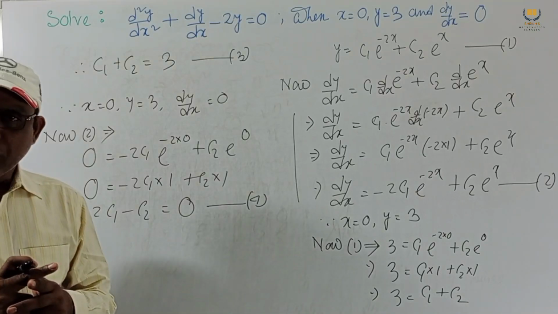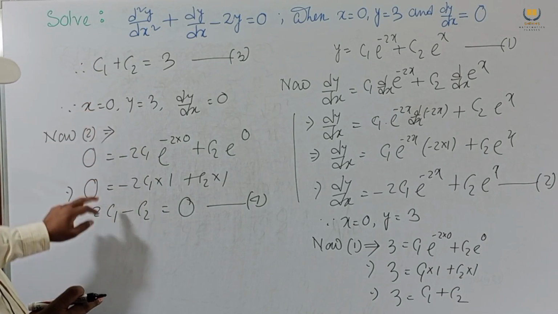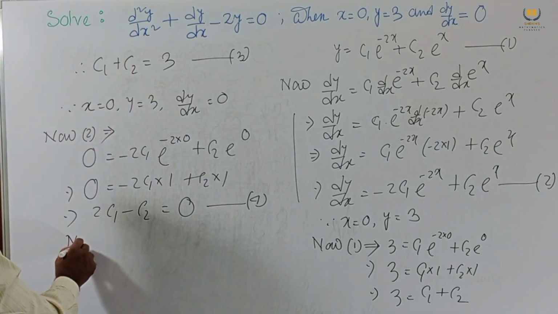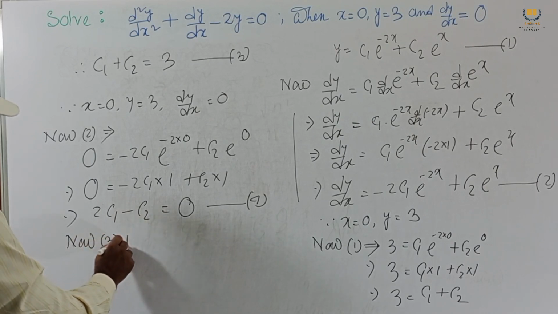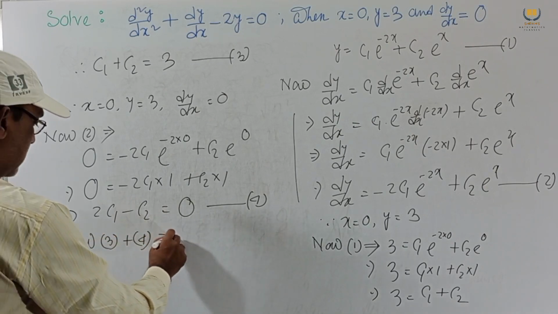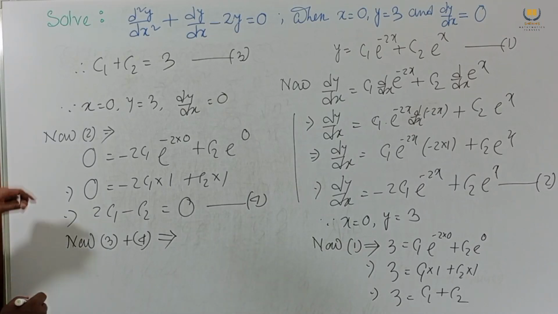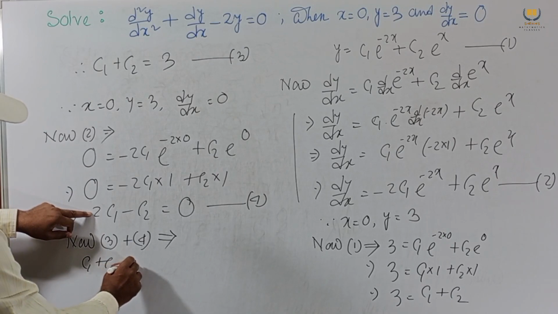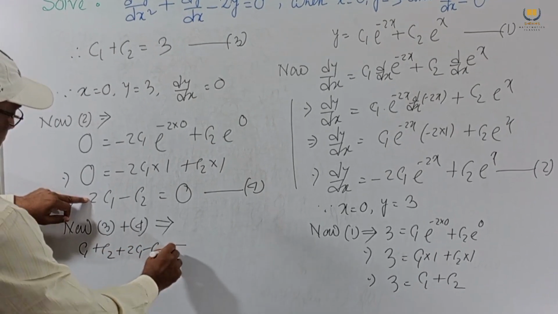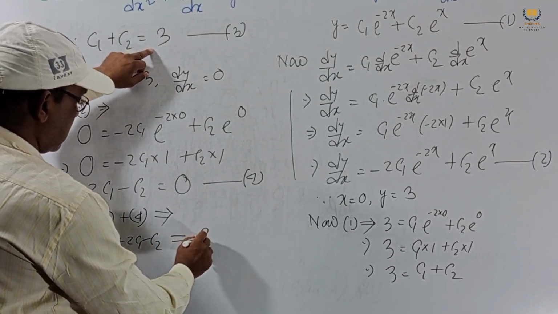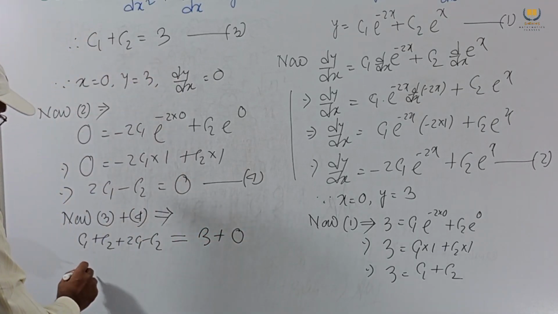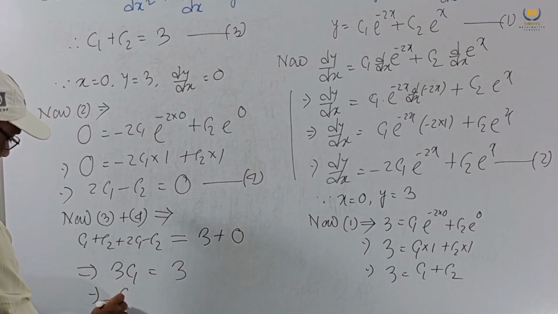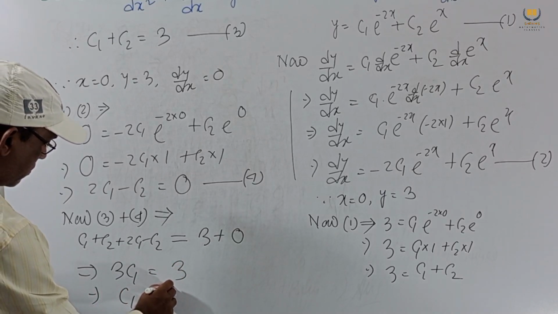Now we have to find the values of c1 and c2. If we add these two equations, c2 and c2 cancel. Adding 3 and 4, on the left side we get c1 plus c2 and 2c1 minus c2, and on the right side 3 and 0. The c2 terms cancel, so 3c1 equal to 3 and c1 equal to 1.